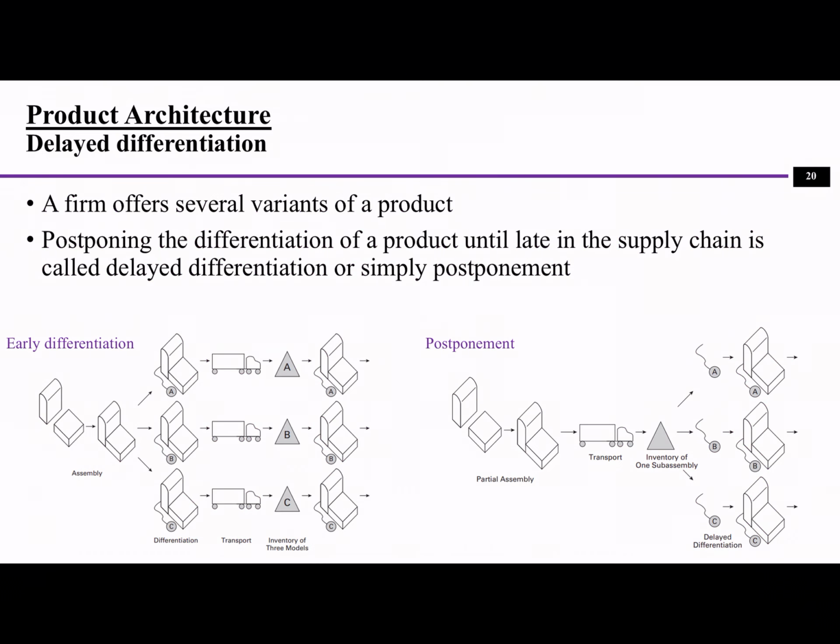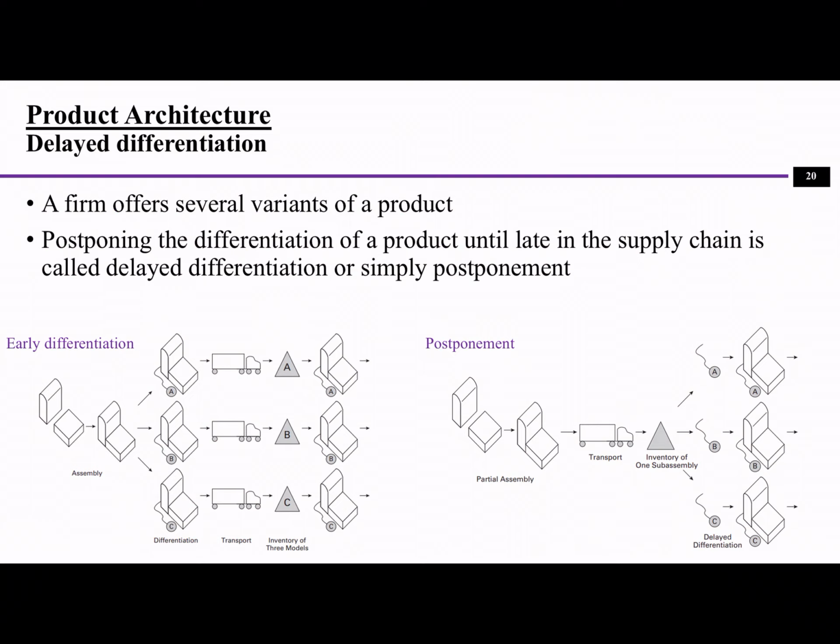Next one is delayed differentiation. Usually a company offers many different types of products, and they have different variations. Postponing the differentiation of the product until late in the supply chain is usually called delayed differentiation, or simply postponement. So why do we want to do that?